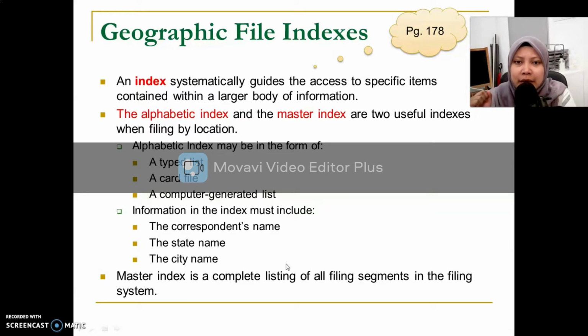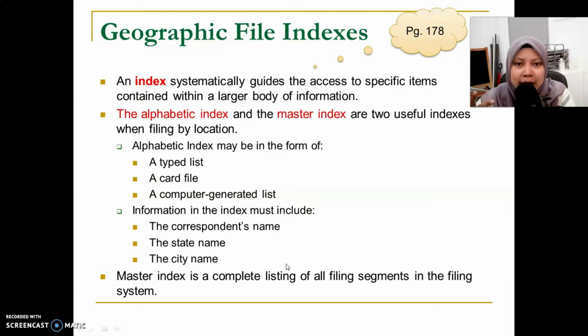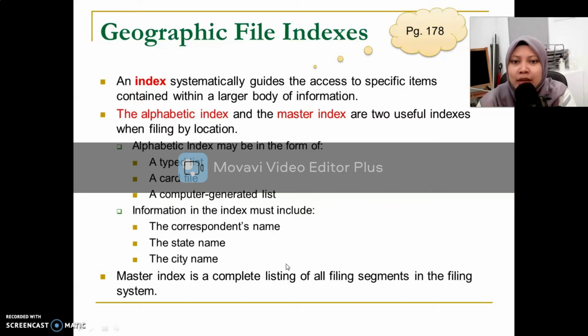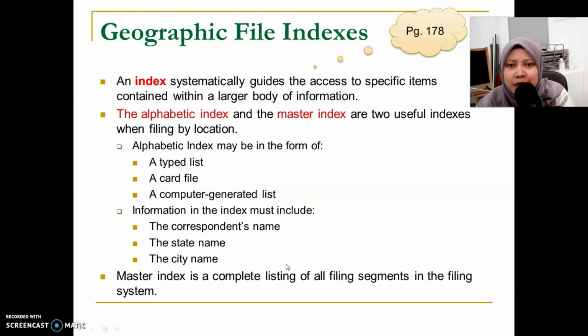Sekiranya that one is the encyclopedic, they have more than one geographic unit. Kita ada the name of the country and also the name of state, ataupun negeri dan juga district, kemudian barulah nama correspondent. So there will be a difficulty untuk kita cari record tersebut.